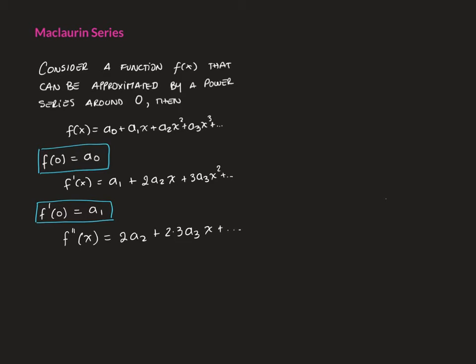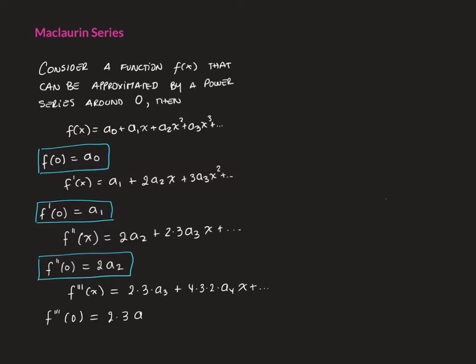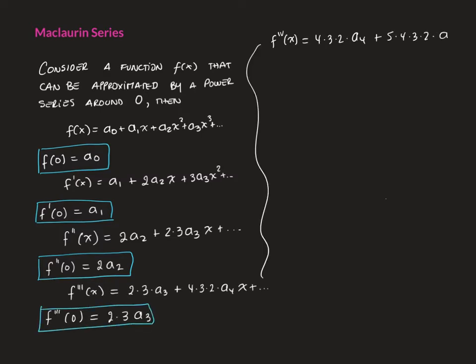At 0, f double dash of 0 would be equal to 2a2. And I'm going to repeat that 2 more times. So now that we have a few more terms, we can start to see a pattern.